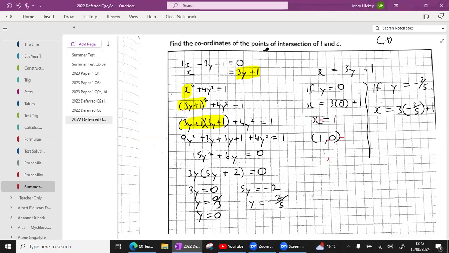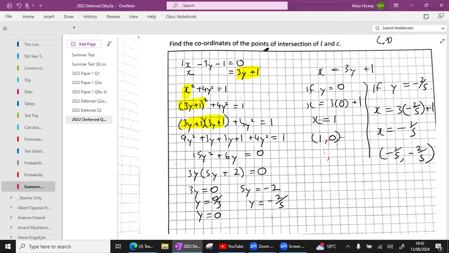So I'm just going to use my calculator here. So 3 bracket negative fraction, 2/5, and then plus 1. So that gives me minus 1/5. So minus 1/5 comma minus 2/5 is our point of intersection.